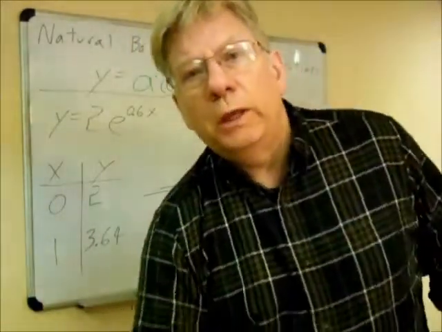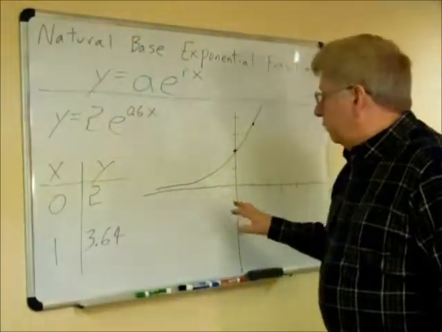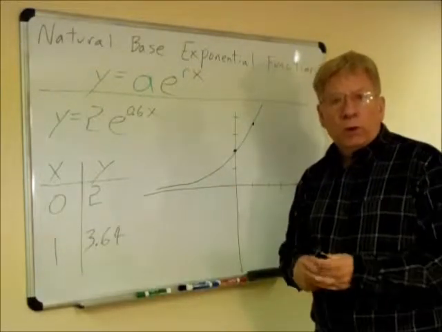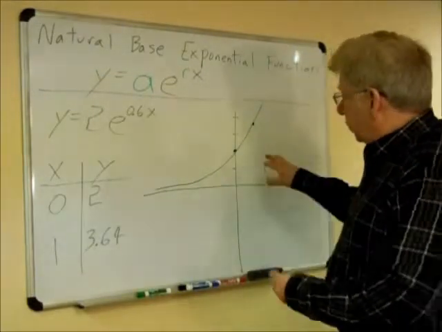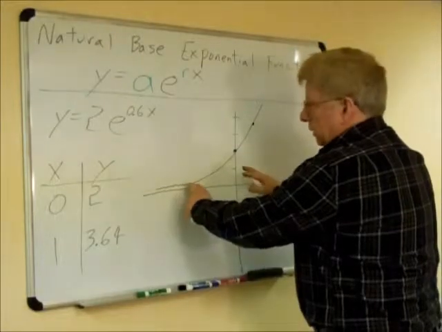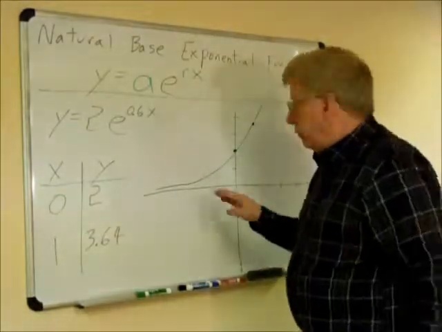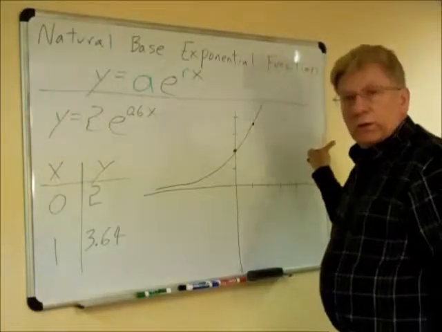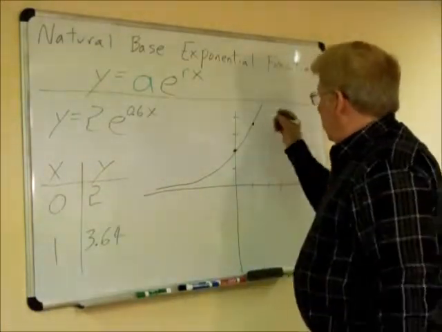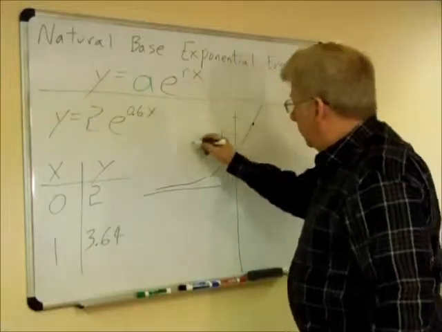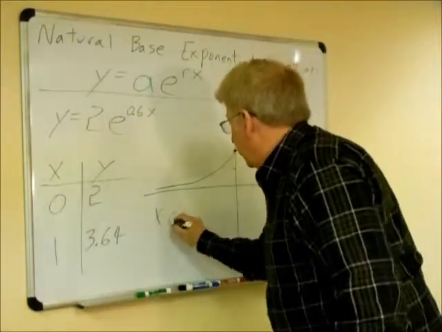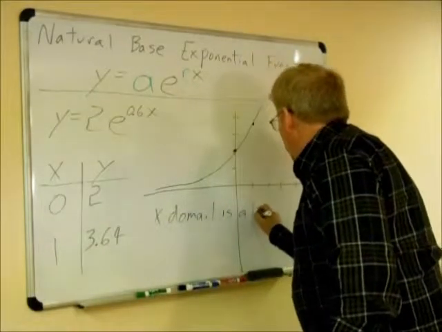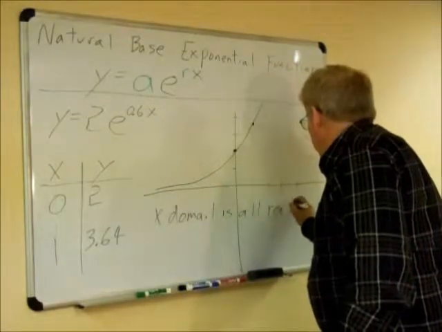One additional thing that we can do with this graph is we can look and see what are the x domain values and the y range values. When we look at this, we can see that x can go all the way out to negative infinity, and it eventually will get all the way to positive infinity in this direction. So the x domain is all real numbers.